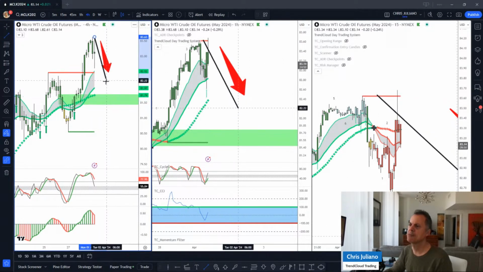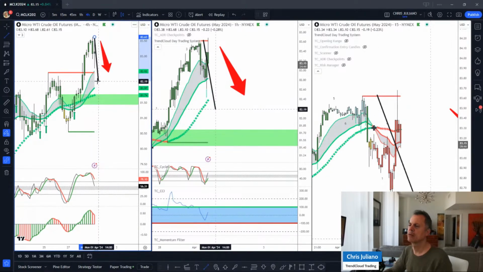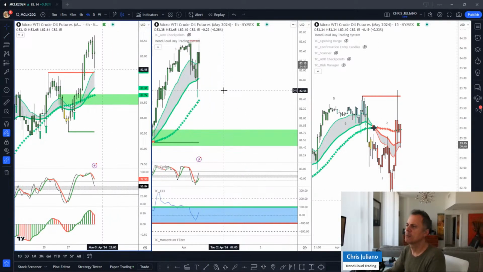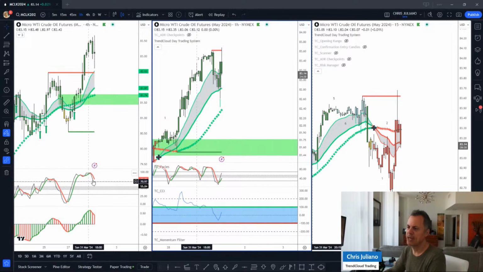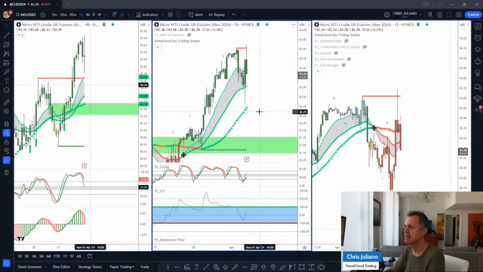We want to try and capture that correction into that high time frame trend cloud for the move up. But we're in a corrective phase. Momentum is down, high time frame. Okay, can we use that to our advantage?